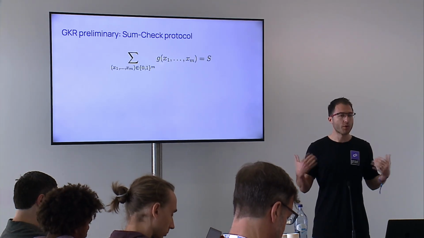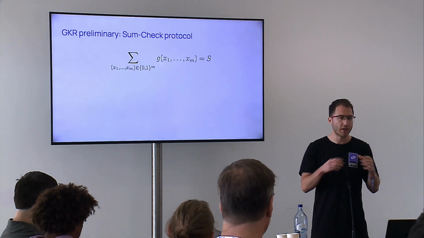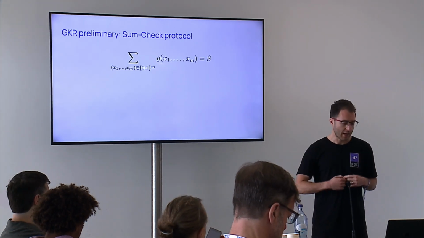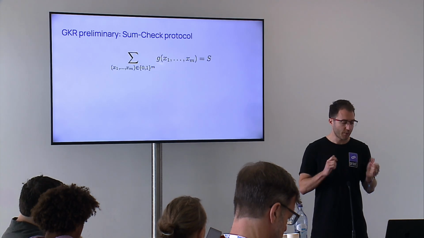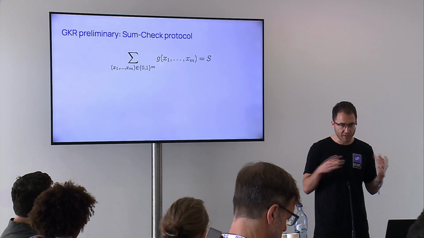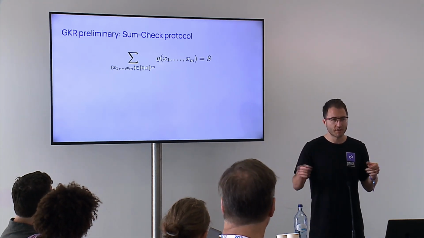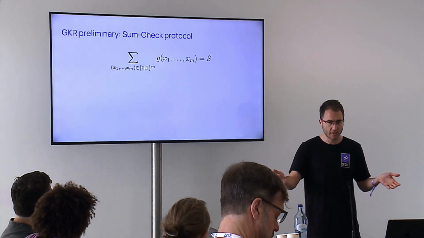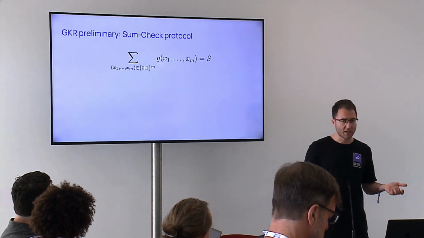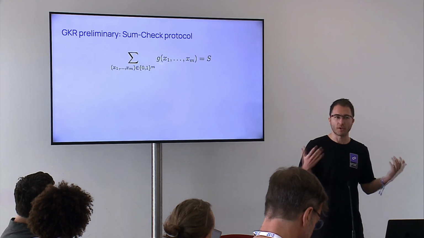And what you prove with a sum check is this G, a polynomial defined over your field F to the M, but you evaluate G over the Boolean hypercube, or really all bit combinations of M bits. So 0, 0, 0, 0, 0, 0, 1, all the way to 1, 1, 1, 1. You evaluate G at all these points, you sum them up, and the sum check is a protocol to prove that this value was computed correctly.